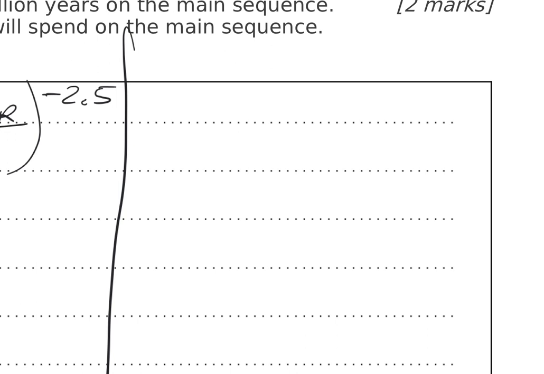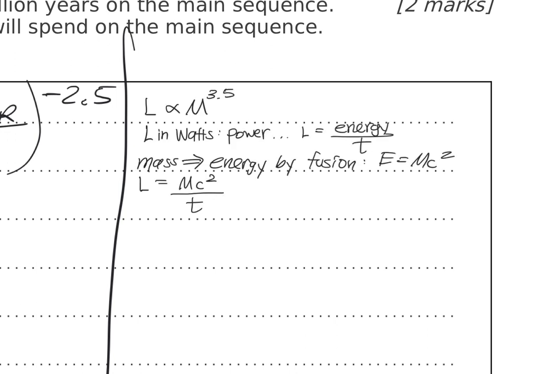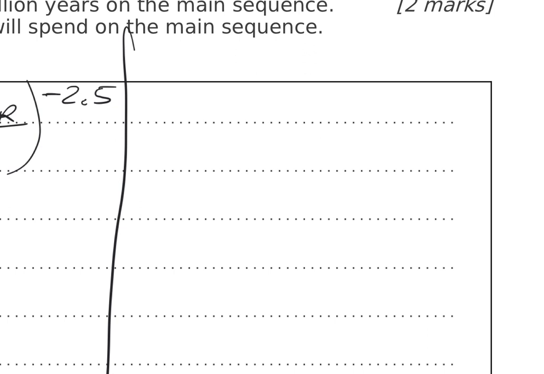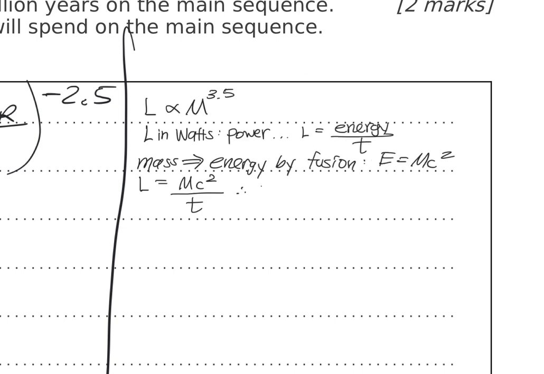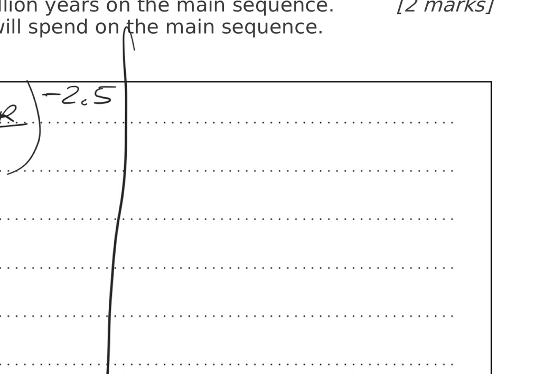So any energy that is lost is mc squared. And so the time, therefore, the lifetime of the entire star would be its energy over its luminosity. If you convert the entire mass of the star, it'd be the mass of the star times c squared over its luminosity.